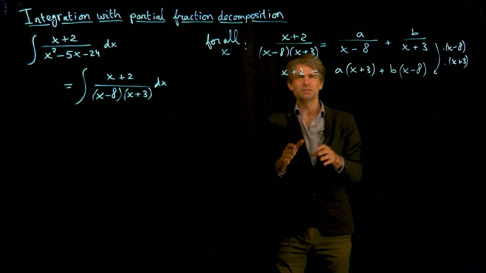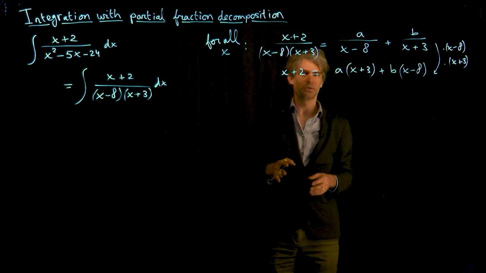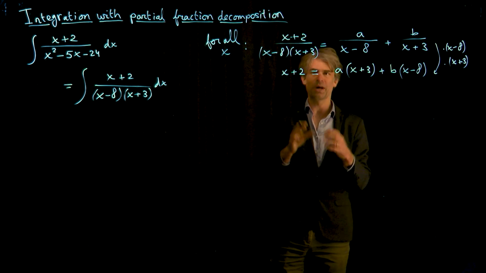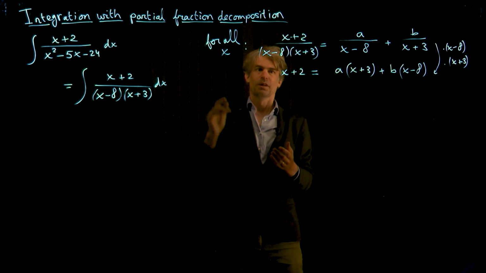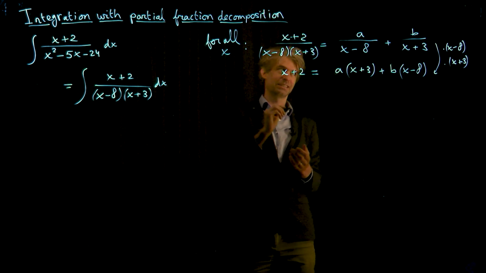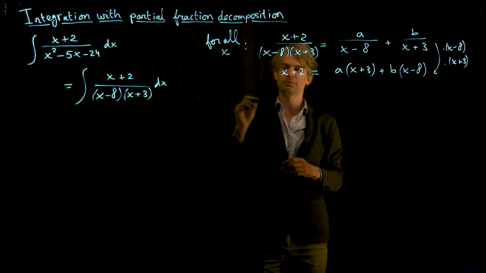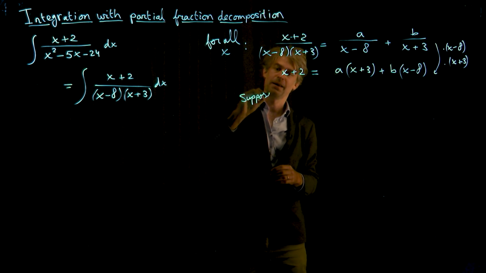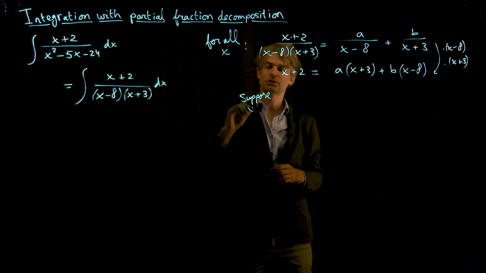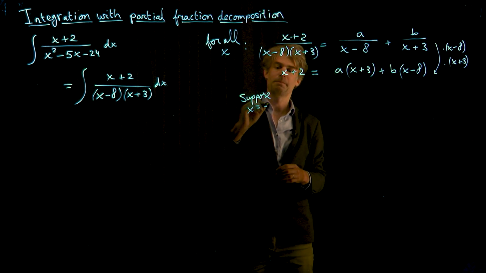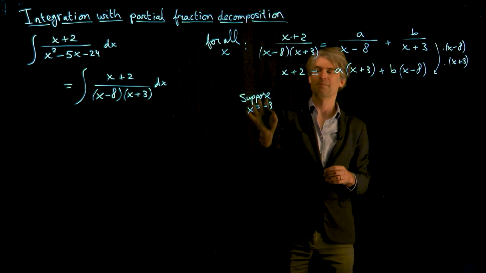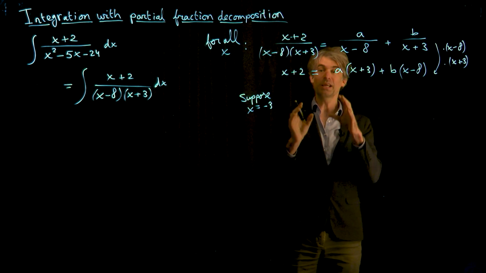Now there are two ways to go from here, and I'll show them both, and you can choose your favorite. As I said, this is true for all x. So I could, and this is a clever trick, fill in x equals -3.